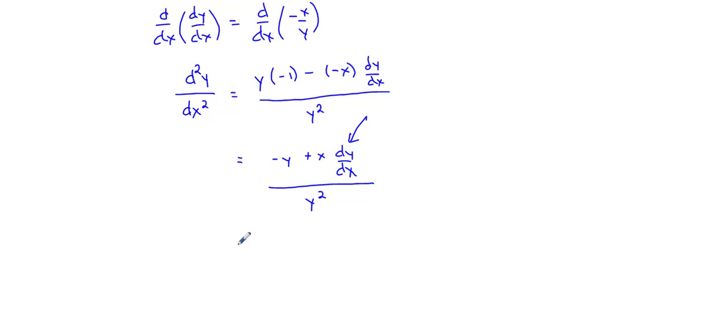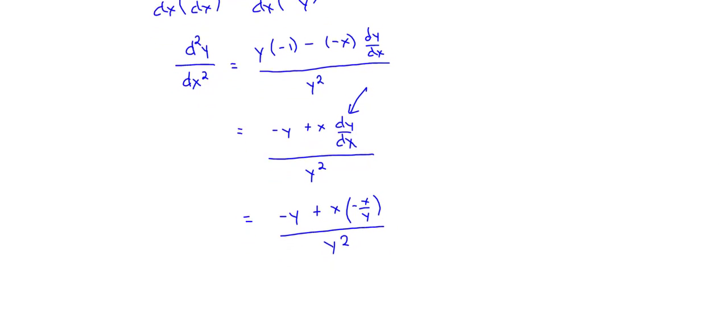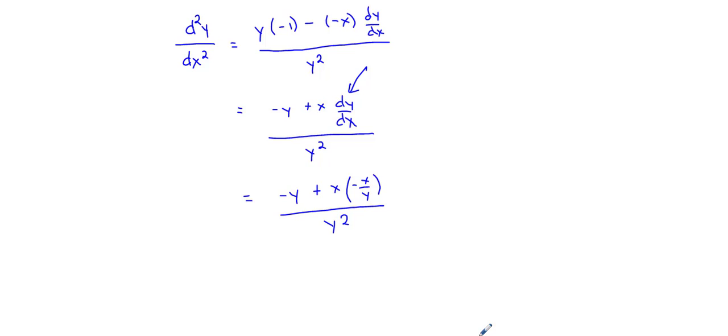Substitute it in. What is the first derivative? Negative x over y, right? Over y squared. Well, that creates a little bit of havoc because now we have a complex fraction, right? So we got to take care of this business.